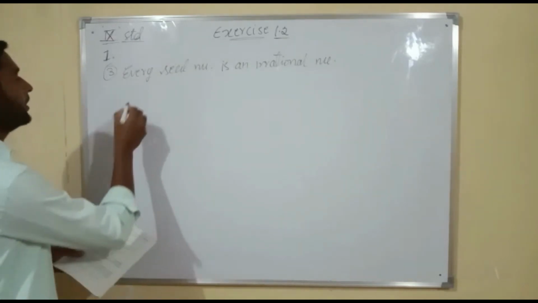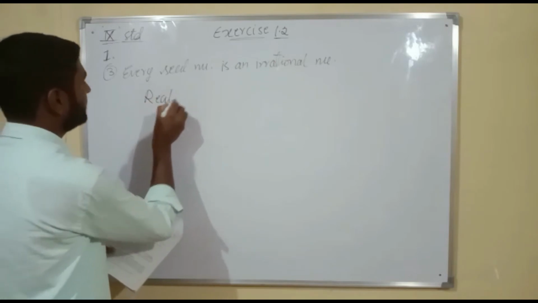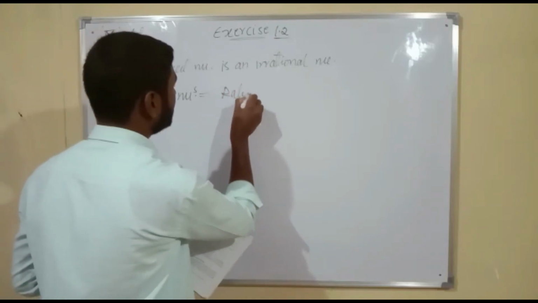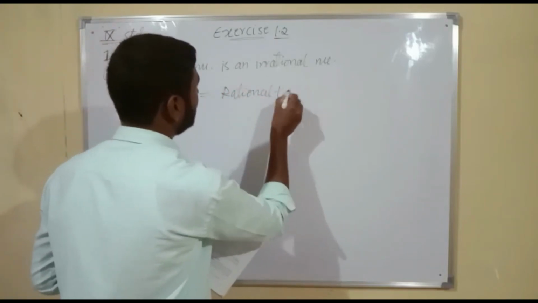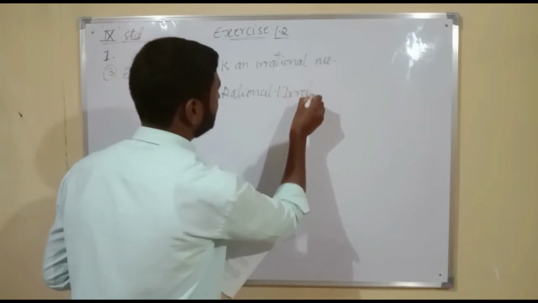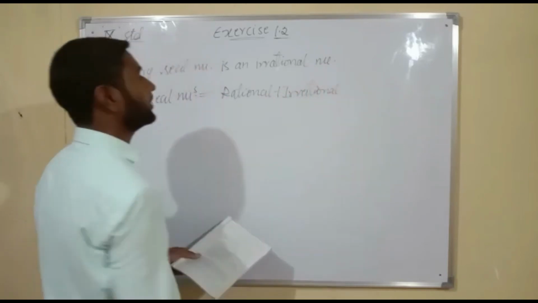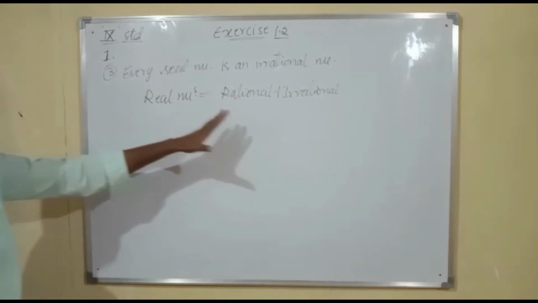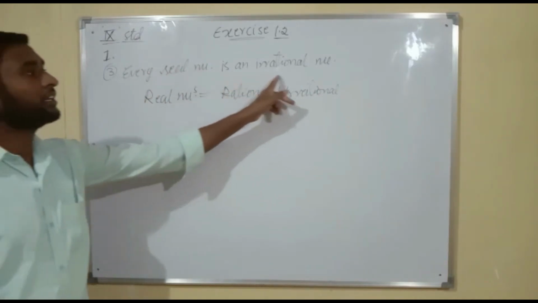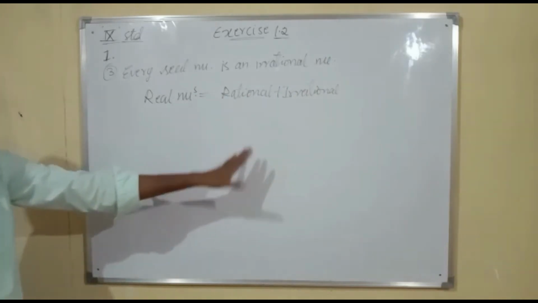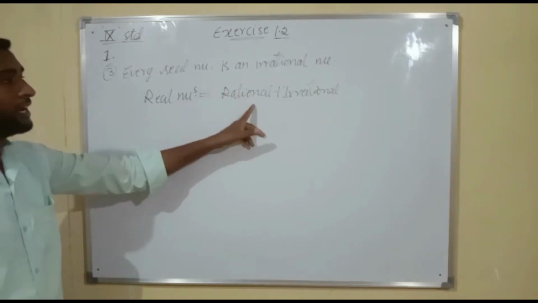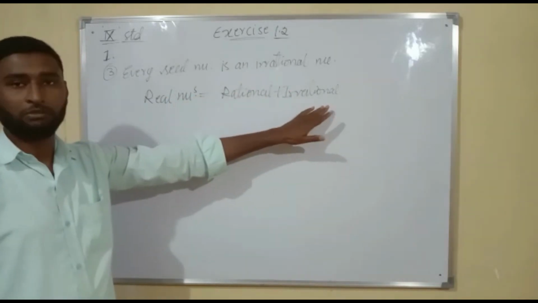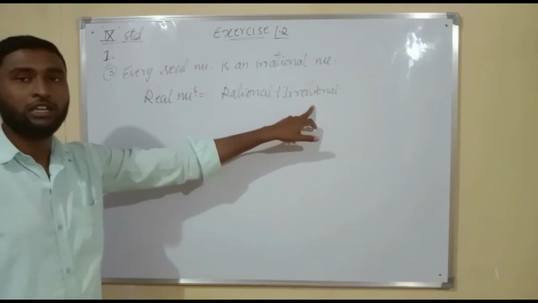As I told you, real numbers include rational numbers plus irrational numbers. If I say every real number is an irrational number, it becomes false, because real numbers include rational as well as irrational numbers. A real number is not just a group of irrational numbers; it's a group of rational as well as irrational numbers.